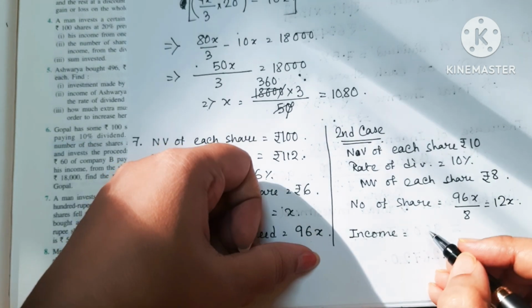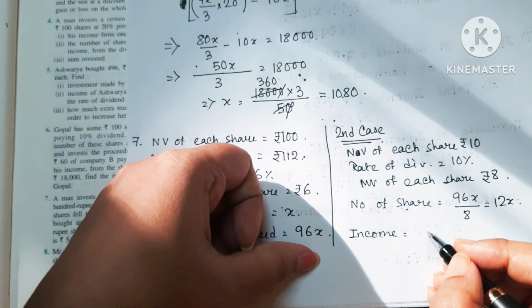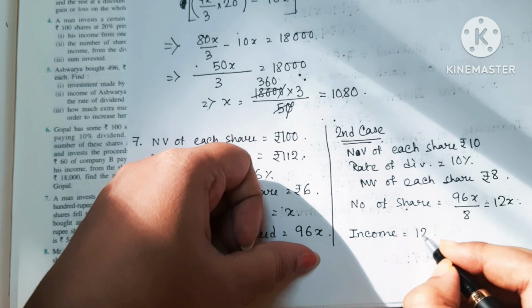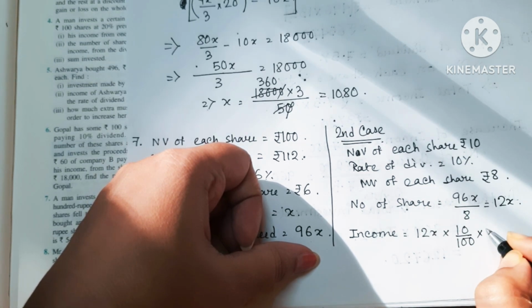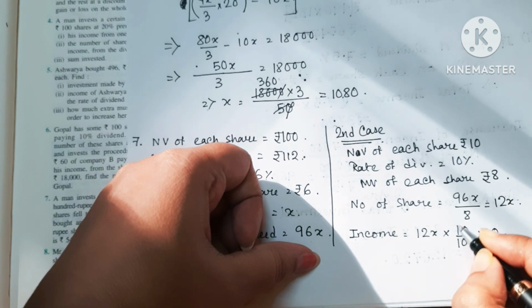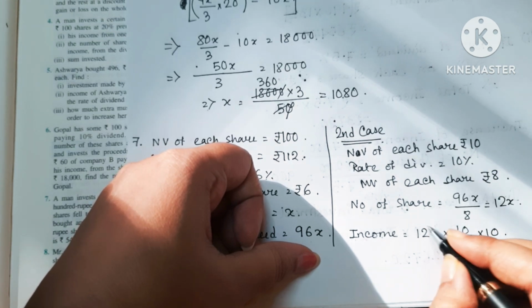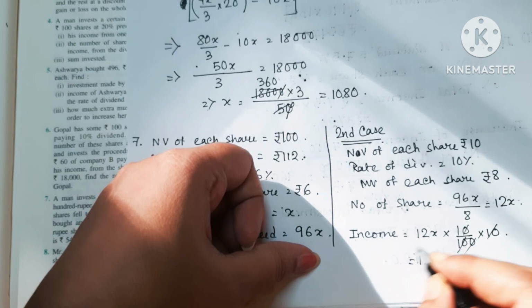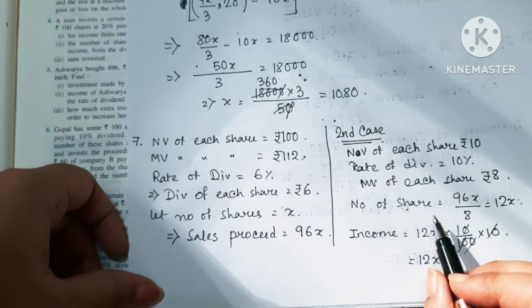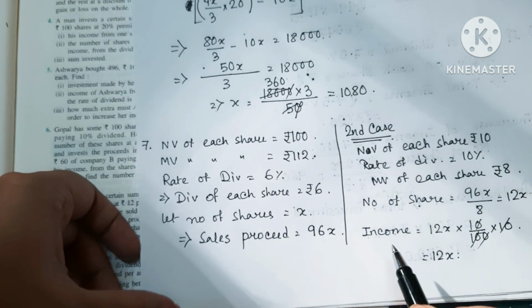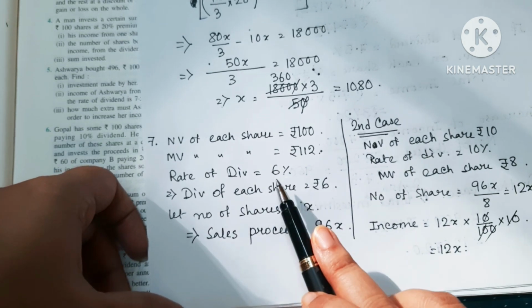Income equal to 10% of 10, that is nominal value, into this is number of shares. So income in case of second case, and income from first case.